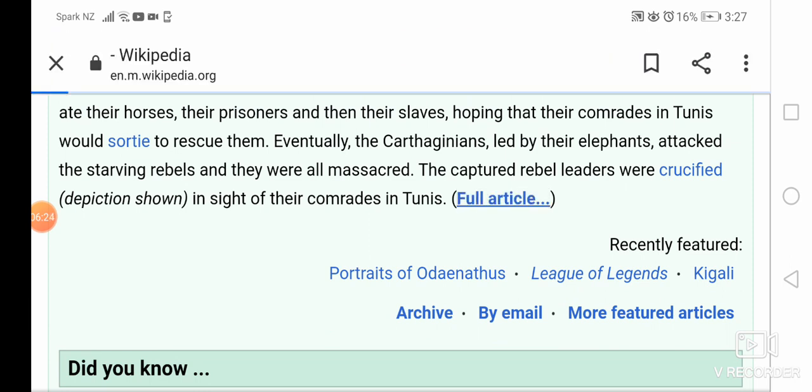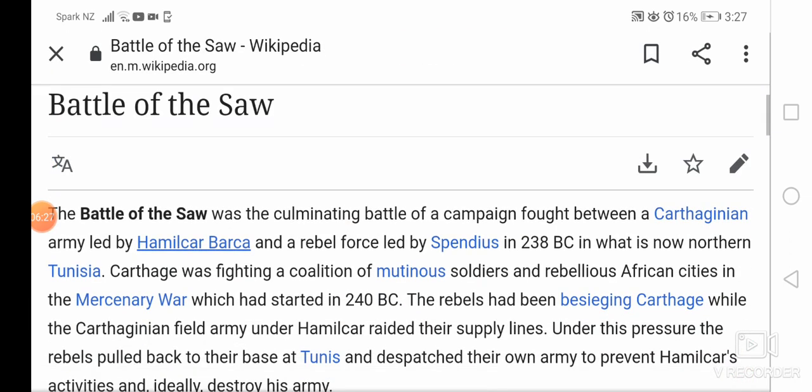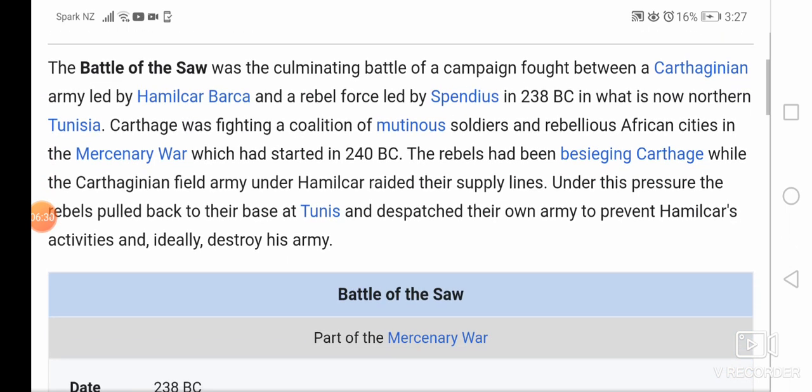Full article. The Battle of Saw. The Battle of Saw was the culminating battle of a campaign fought between a Carthaginian army led by Hamilcar Barca and a rebel force led by Spendius in 238 BC in what is now northern Tunisia.